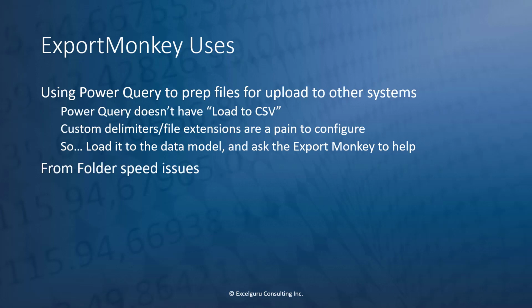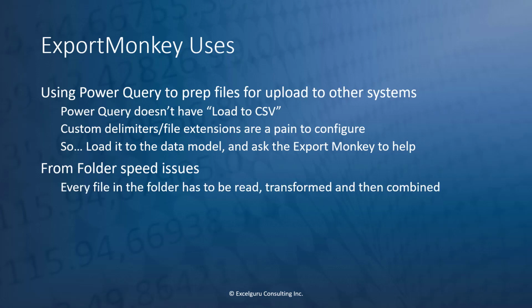Also, another case is if you're working with a from folder scenario where you've got multiple files, of course, what happens is that every file in the folder needs to be read, and this is the key, transformed before it can be appended to get the big long list of components out of it. What that means is that the more files you add, the longer your history grows, every single one of them still needs to be transformed.